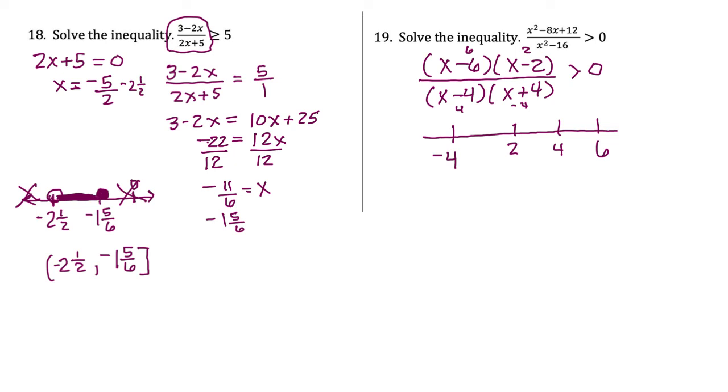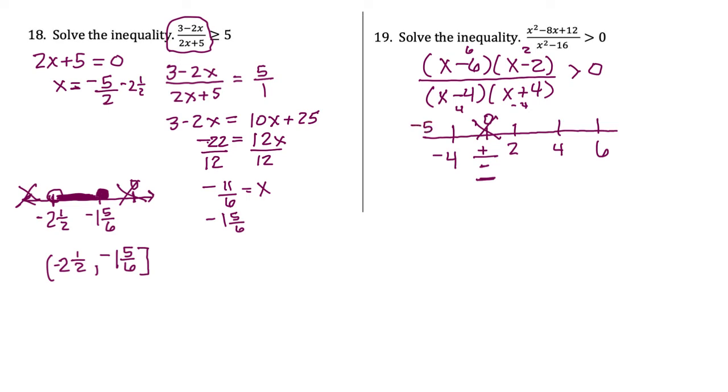All right, so picking some values, I would pick a 0. If we plug in a 0, I get negative times a negative, so it's a positive, over a negative times a positive, so a negative. So that's going to be negatives. Well, that's not going to work because I need positives. So let's try on the outside of negative 4. Let's try negative 5.